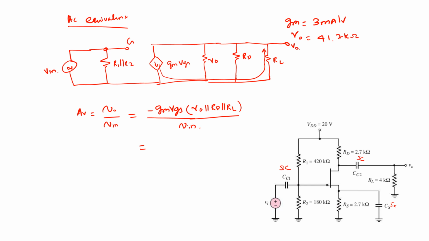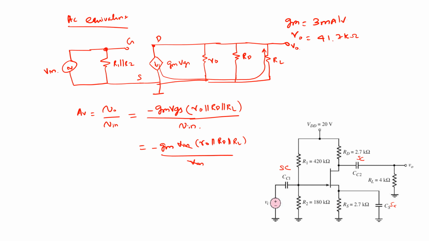So this is gate, this is source, and this is drain. So minus gm. The gate is being connected with Vin, so VGS can be written as Vin.